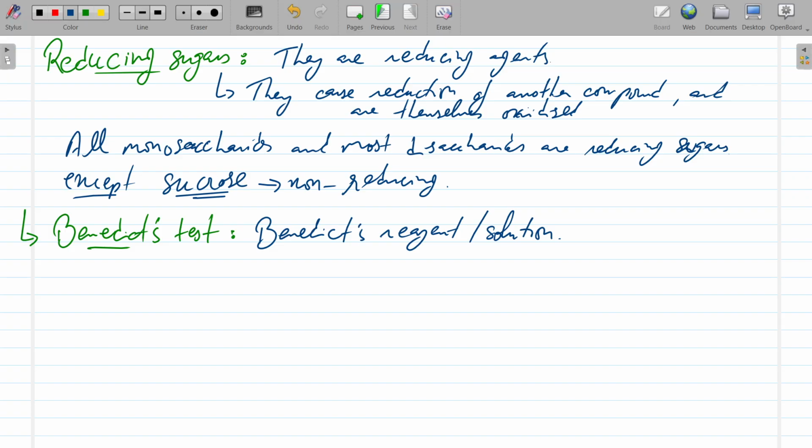So what happens in the Benedict's test, right? The Benedict's solution is a copper 2 sulfate solution, in alkaline.